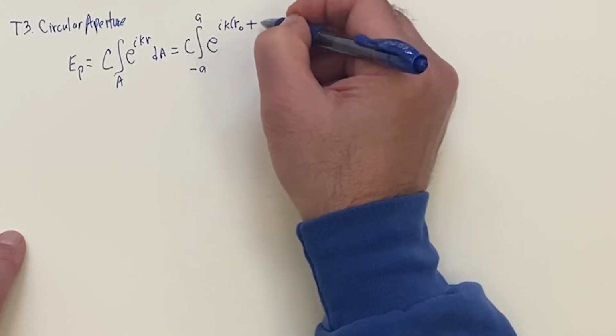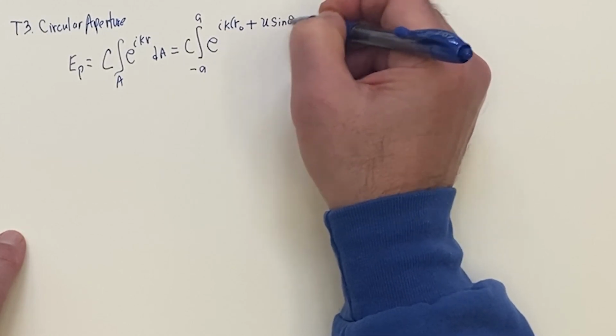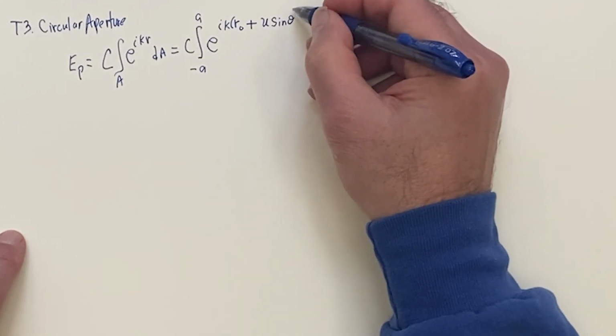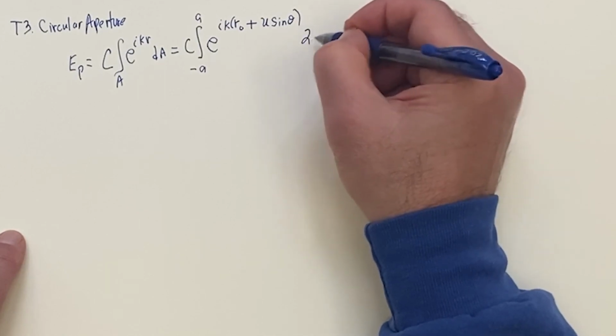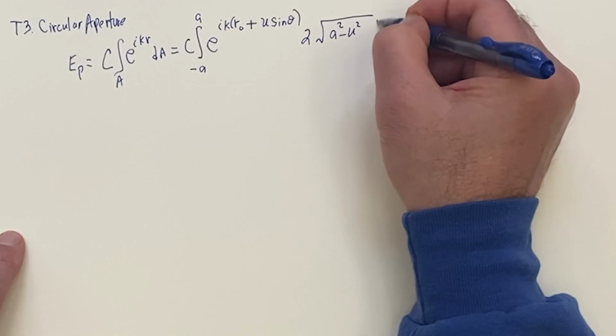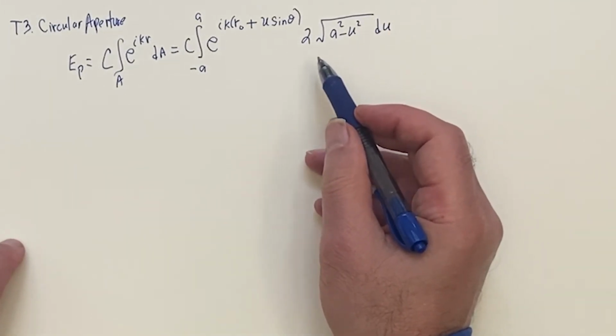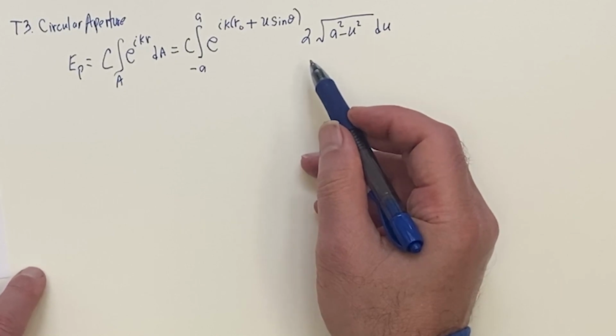This is the exact same thing we did for the single slit in terms of what the integrand is. It's just that we're going to have here this extra factor due to the strip. All right, and that's going to actually cause a problem. We're not going to be able to do the integral, but you'll see in a second.